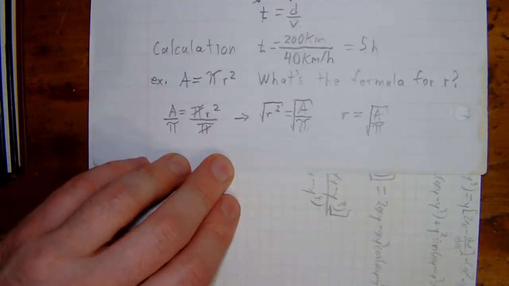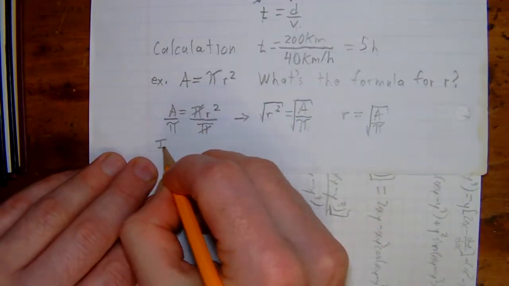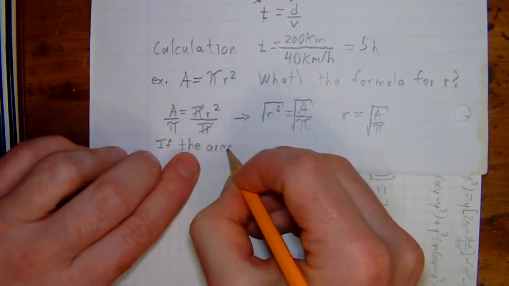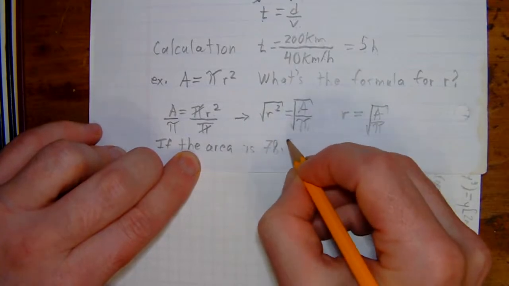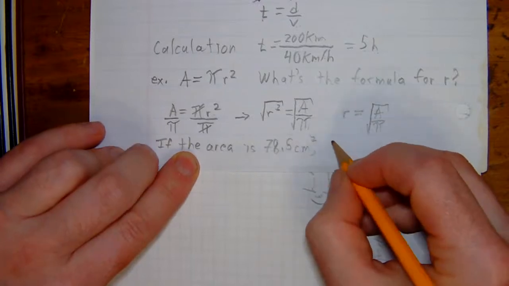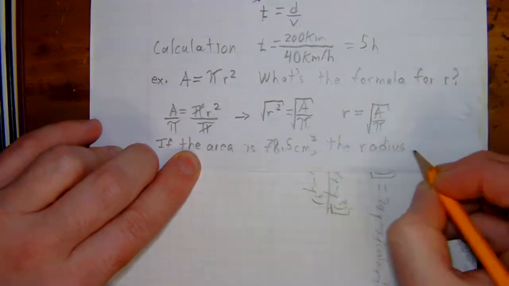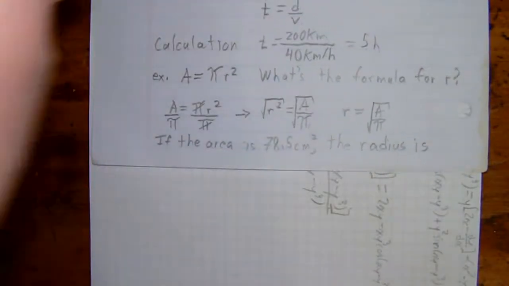Okay, so let's take an example here. If the area is 78.5 centimeters squared, the radius is, and again, a new piece of paper here, continue.